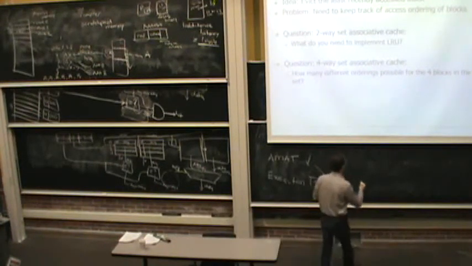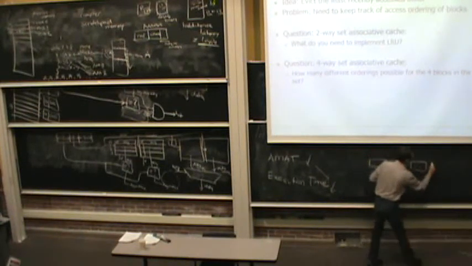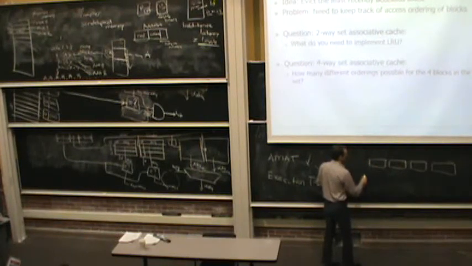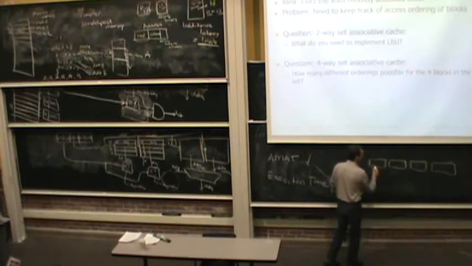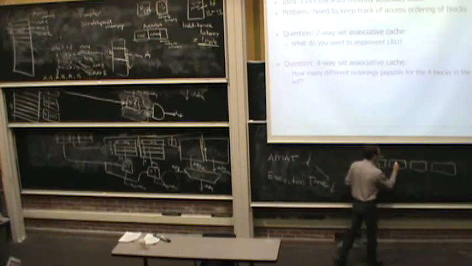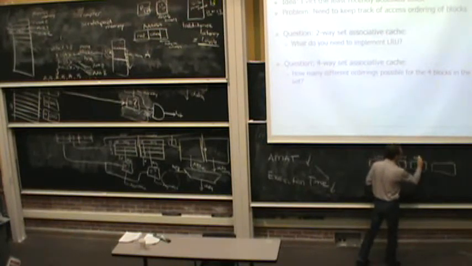So, okay, you have 4 ways. 1, 2, 3, 4. 4 possible blocks. And if you think about it, any 4 of them could be the least recently used, right? And once you determine what's least recently used, you have 3 things that could be next least recently used. And once you have those 2 fixed, you have 2 things that could be next least recently used.